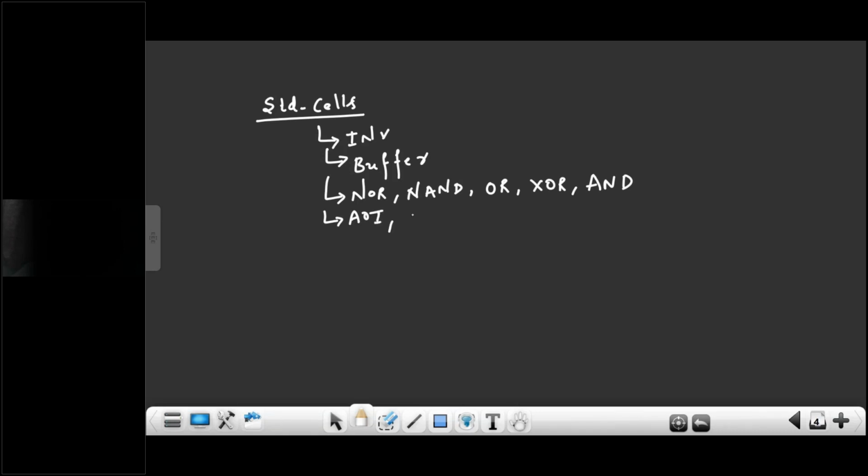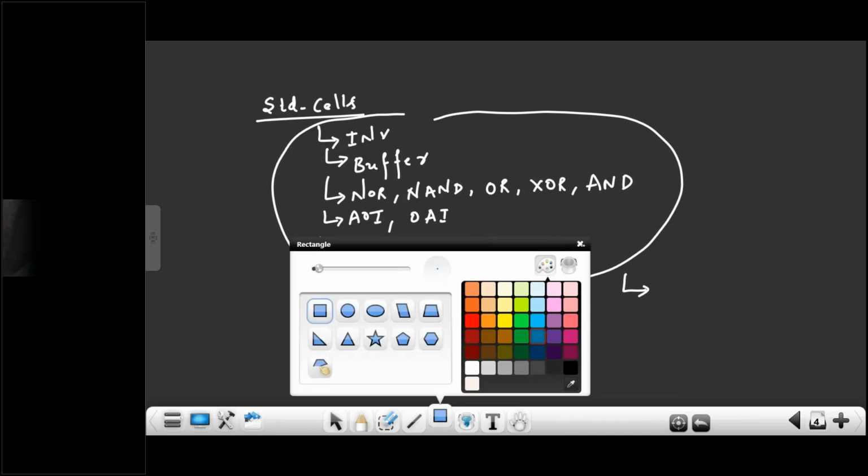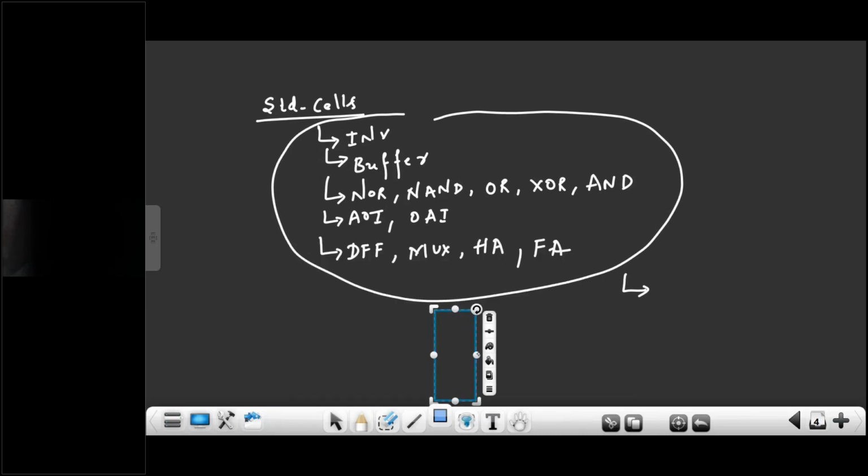AND-OR-Inverter. OAI gate, D flip flop, MUX, and sometimes half adder, full adder. These are all the few gates. These gates come under a category called what? They come under the category called standard cells. Why are they called standard cells? All these gates will have a standard height. All gates will have the same height of a standard cell. For that reason, it is called a standard cell.